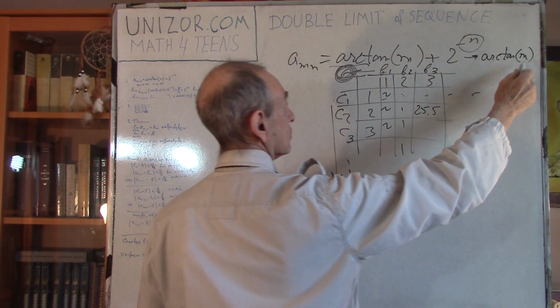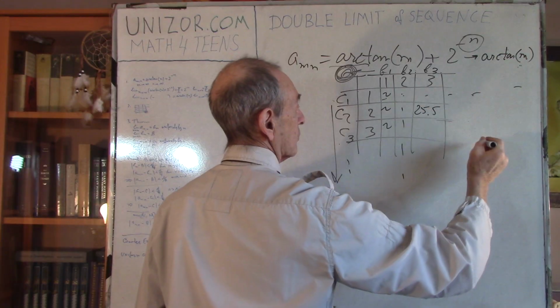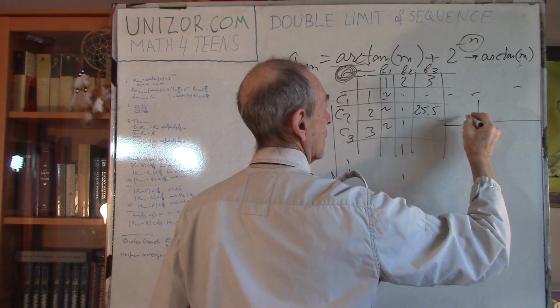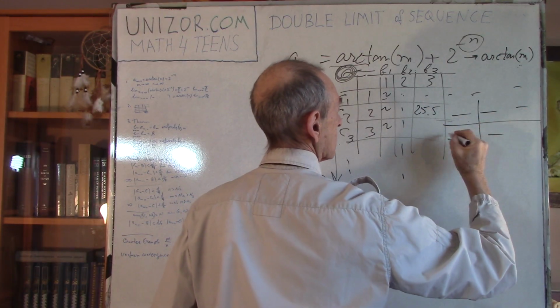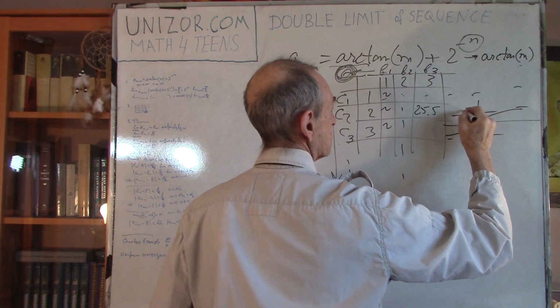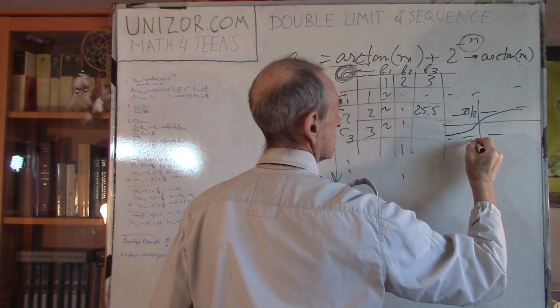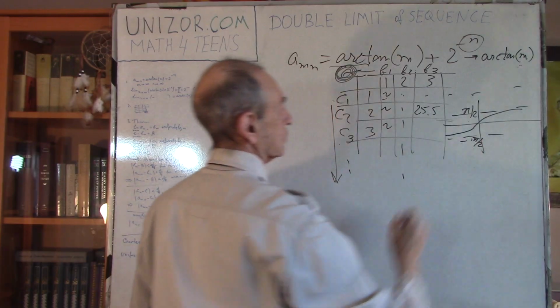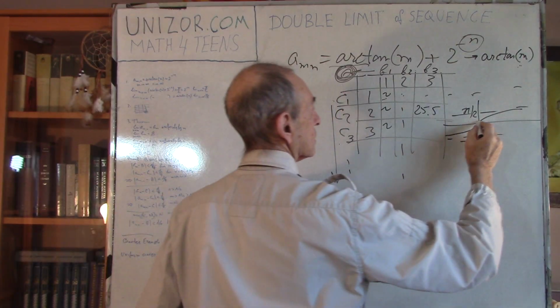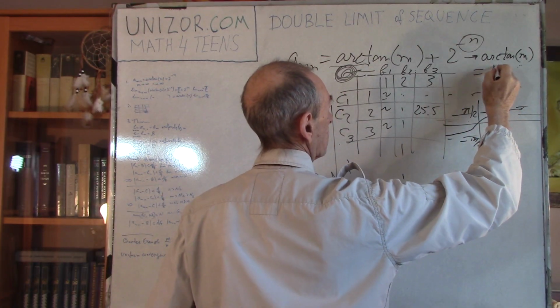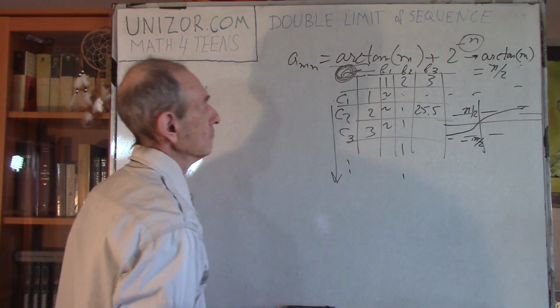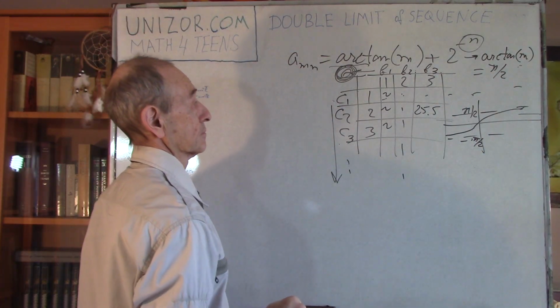Then if I go to infinity by m, well, if you remember, the graph of arctangent is something like this. This is pi over 2, this is minus pi over 2. So the limit would be pi over 2. Let's do it differently.